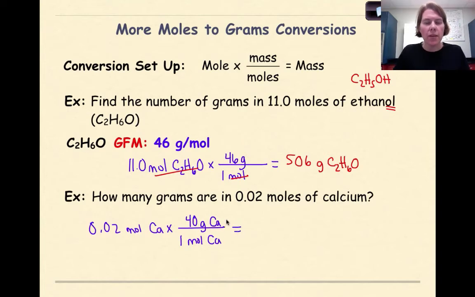I want to make sure that everything is set up correctly. Moles cancel moles. 0.02 times 40 will give us 0.8 grams of Ca. If I look at this here, I have 1 significant figure, therefore my answer will have 1 significant figure, and everything is canceled out, everything is labeled correctly.